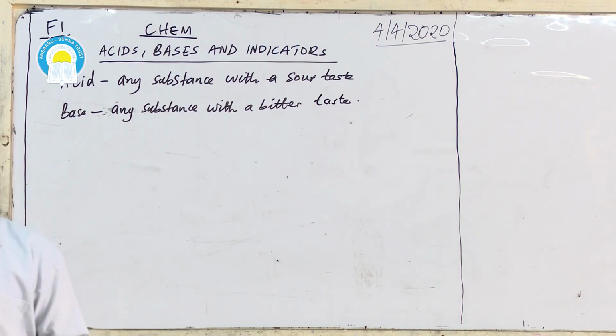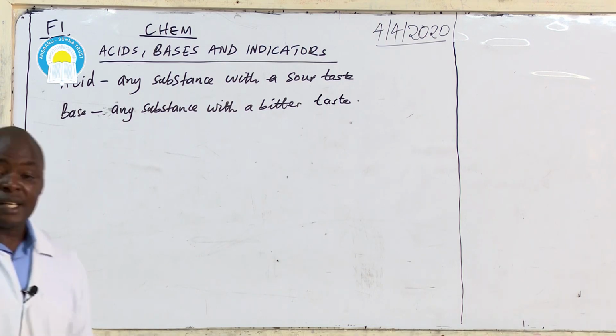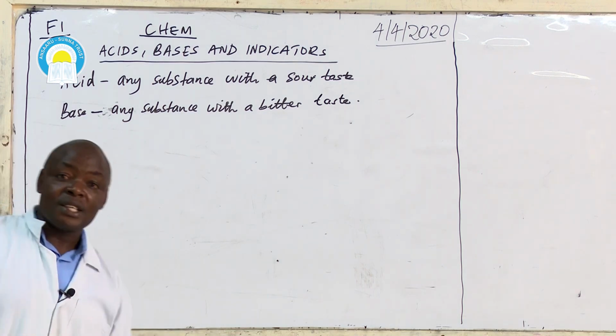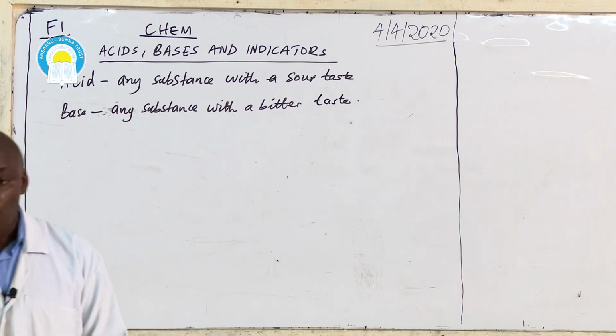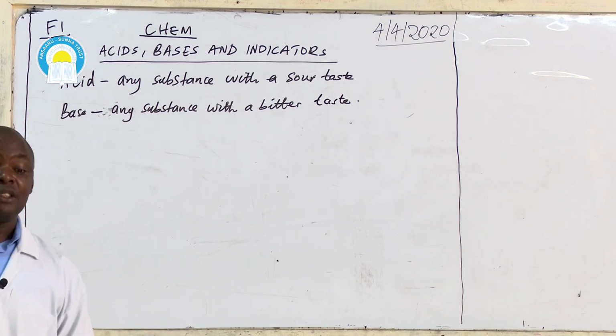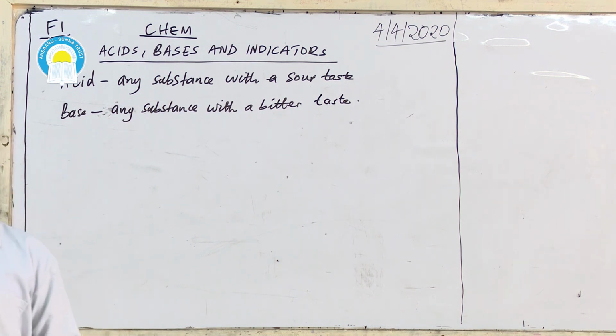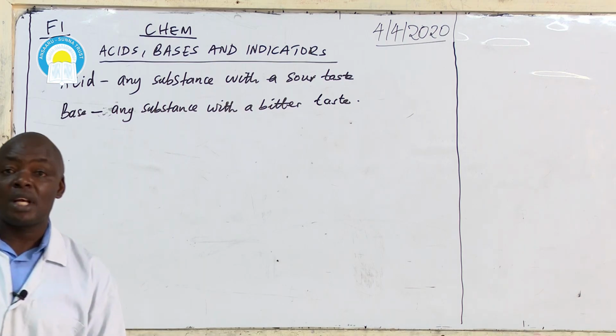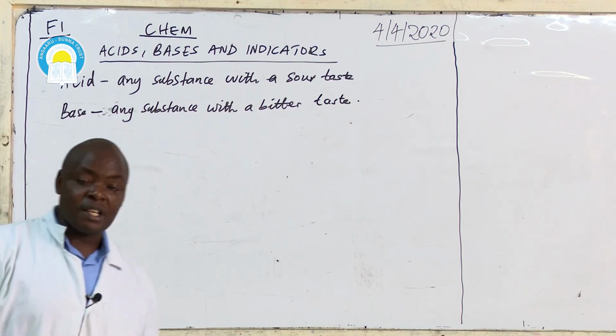For instance, you cannot taste hydrochloric acid, even if it is present in your stomach, or nitric acid and say, this has a sour taste, therefore it is an acid. Or sodium hydroxide has a bitter taste, therefore it's a base.